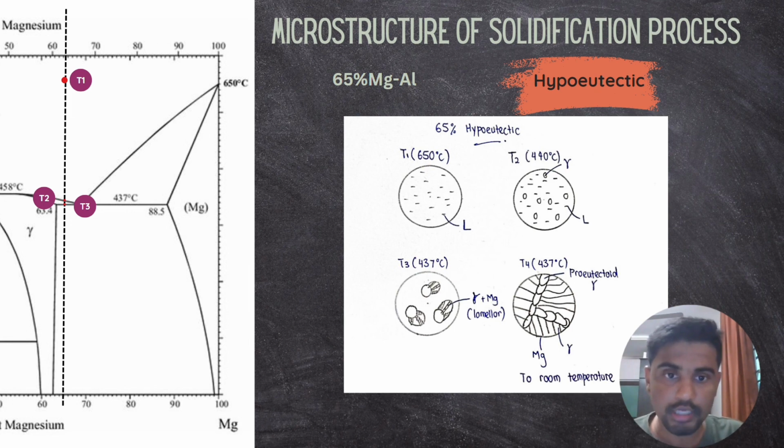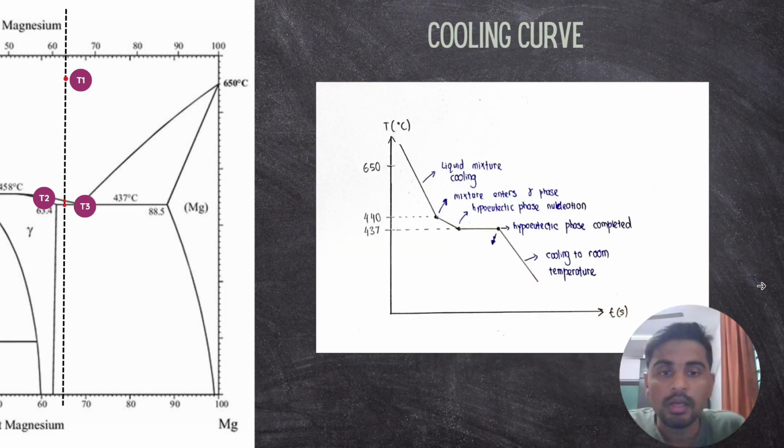So next, this is the cooling curve of the magnesium aluminum alloy. It starts from 650 degrees, where the phase is completely liquid. The liquid mixture cools and proceeds to the next phase, where at 440 degrees the mixture enters the gamma phase.